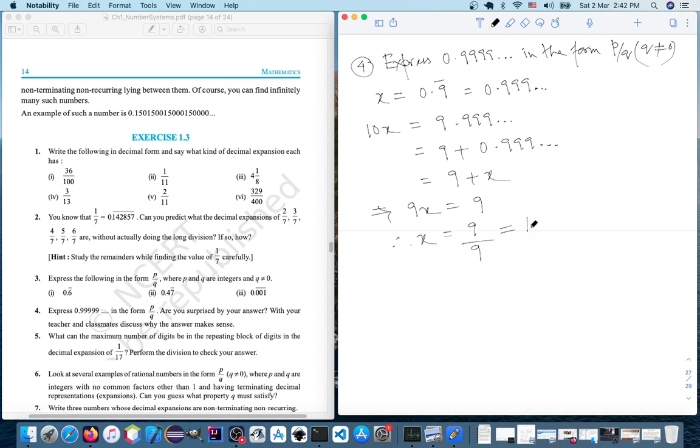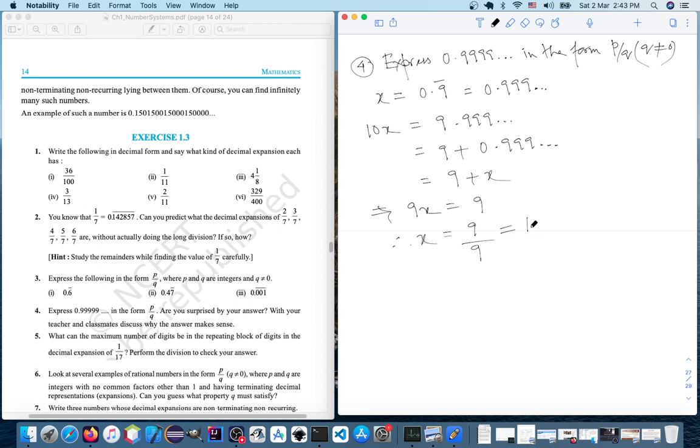That is why the question says, are you surprised by your answer? With your teacher and classmates discuss why the answer makes sense. Ultimately we got the rational form as 9 by 9, which is basically 1. So it means that 1 is equal to 0.99999.